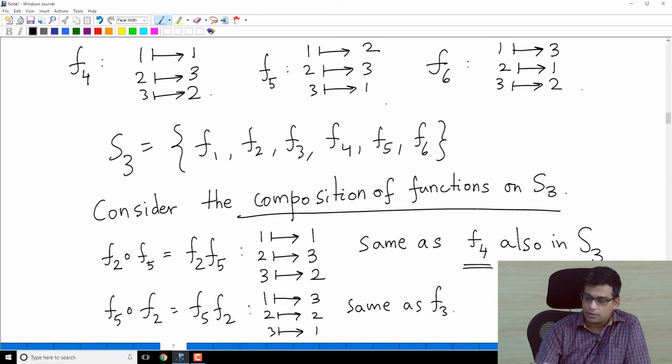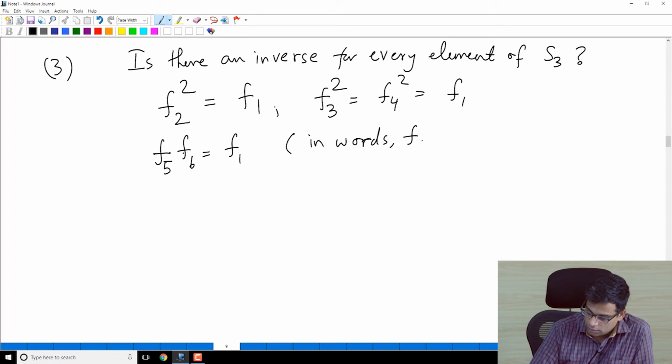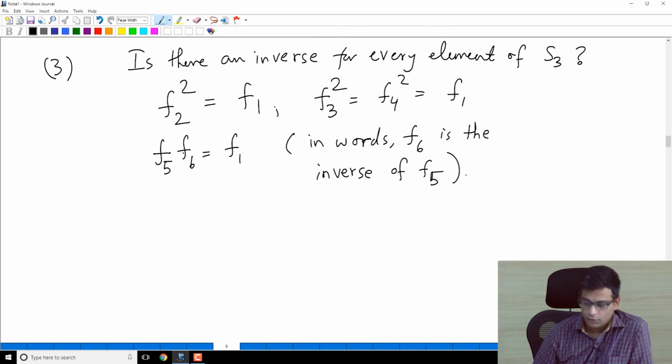So F5 composed with F6: 1 goes to 1, similarly 2 goes to 2 and 3 goes to 3. So F5 composed with F6 is F1. In other words, F6 is the inverse of F5, and also F5 is the inverse of F6. So every element has an inverse.